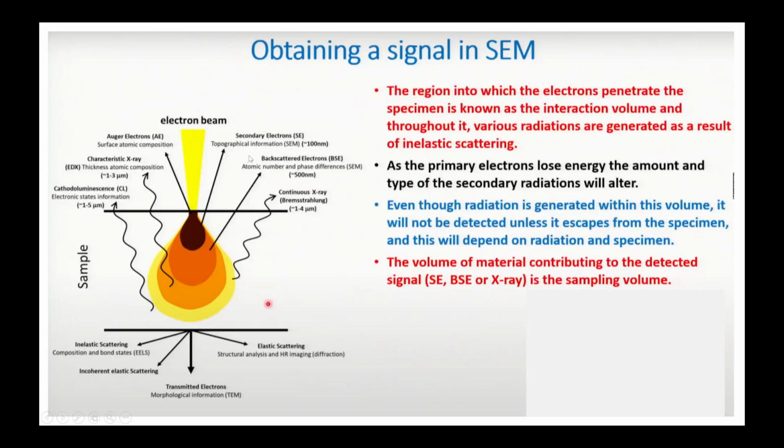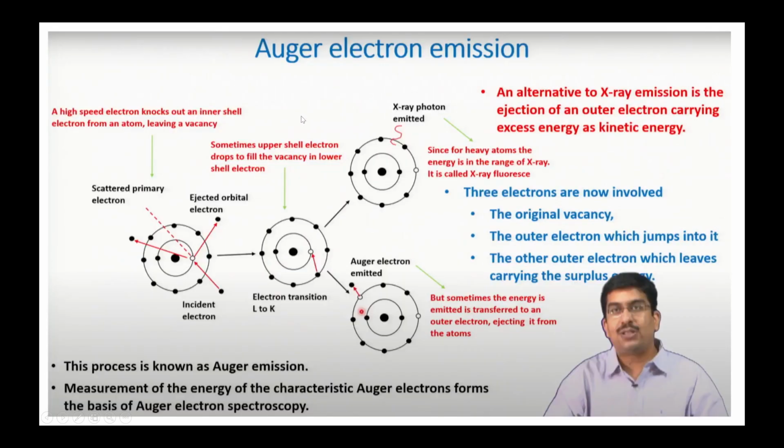Okay, so different signals are generating. Here you can see the Auger electron generation. This is the process of how the Auger electron is generated. Okay, you can read from there how the electrons are coming and knocking out the electrons, and the knocked out electron will interact, and an electron from the higher energy shell will come to fill that place.